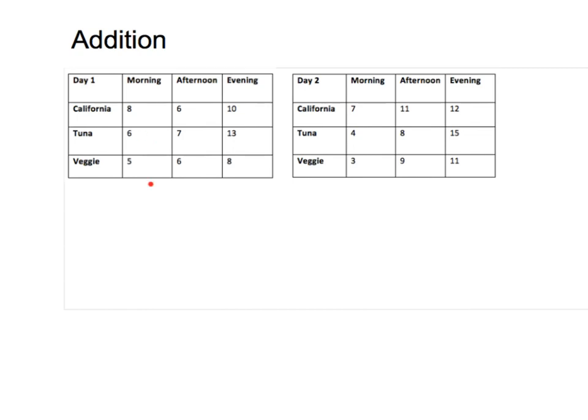Okay, so here I have the 2 charts. Again, you do not need to rewrite the charts. I just have them here because I need to see what my matrices were. So I'm going to grab the values from this chart and this chart and make 2 matrices. My first matrix looks like a 3 by 3, right? They're both 3 by 3s.